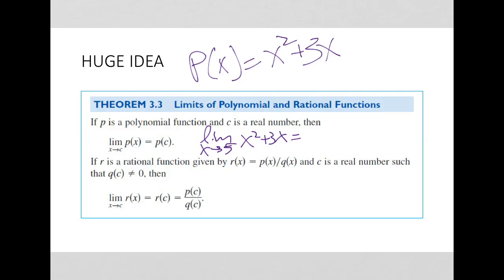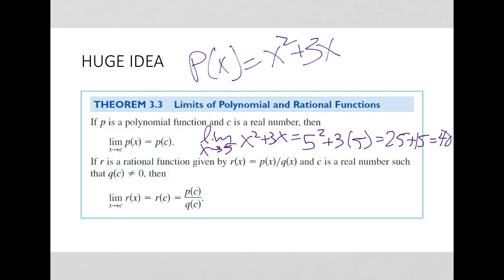So that tells me I can directly substitute 5 in for my x's and get 5 squared plus 3 times 5, which is 25 plus 15, which is 40.